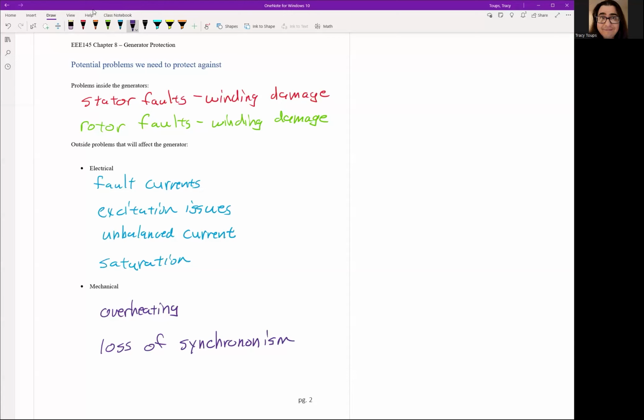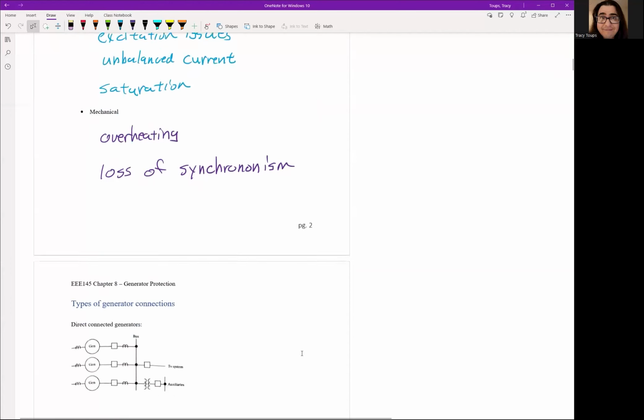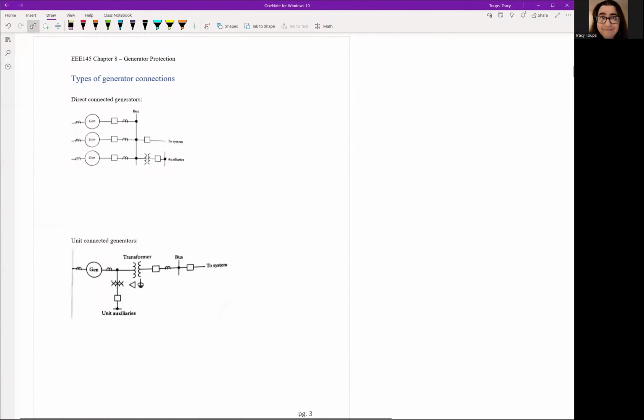The generator is connected to the system, so the generator must run at 60 Hertz. If it stops running at 60 Hertz, it speeds up or slows down. That's called losing synchronization with the system, and that's really bad. So all these have issues, and we need to have ways to protect against all these problems.